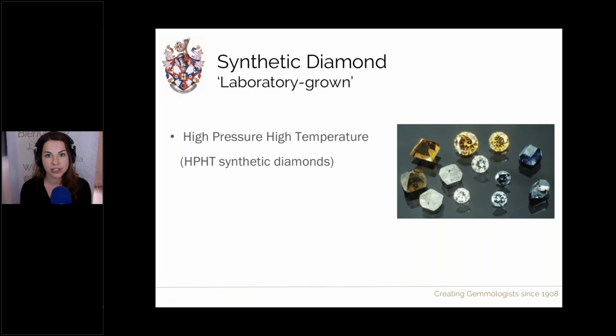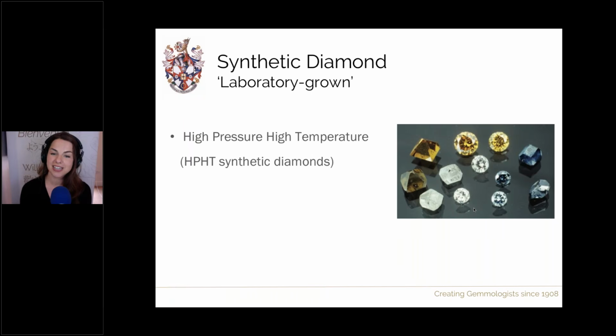One is high pressure, high temperature synthesis, known as HPHT. Often when we're talking about HPHT synthetics or HPHT diamonds, it's always best to mention the fact that you're talking about synthesis, because HPHT is also a treatment in diamond as well. So as a habit, I try and say HPHT synthetic or HPHT treatment, depending on what I'm talking about.